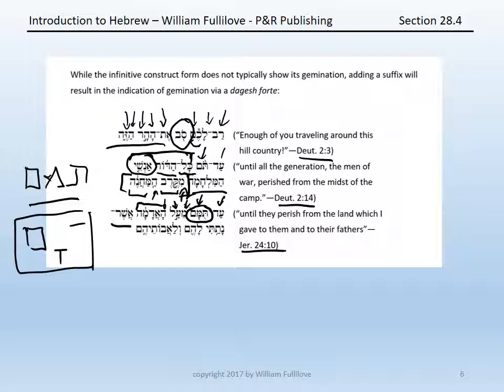That land is defined by the relative clause, asher, which, natati, qal perfect, first common singular of natan, which I gave, la plus hem, to them, v, and, la, to, avot, fathers, and then it's in the construct because it's got a possessive suffix, their fathers. Until the perishing of them from upon the land which I gave to them and to their fathers.